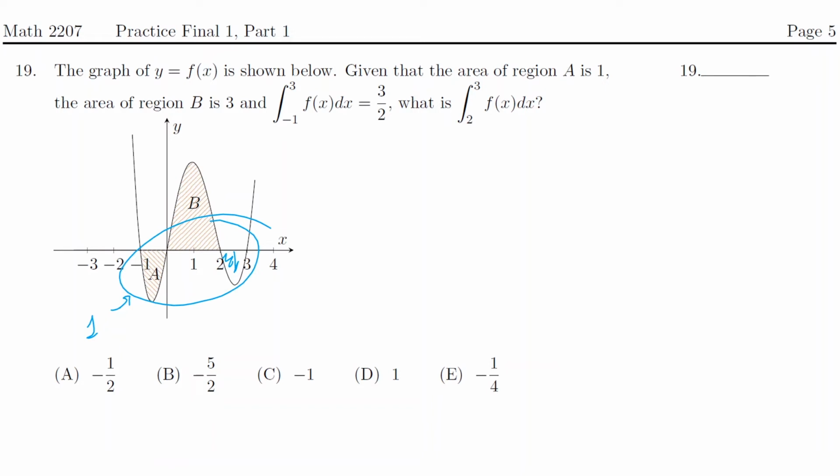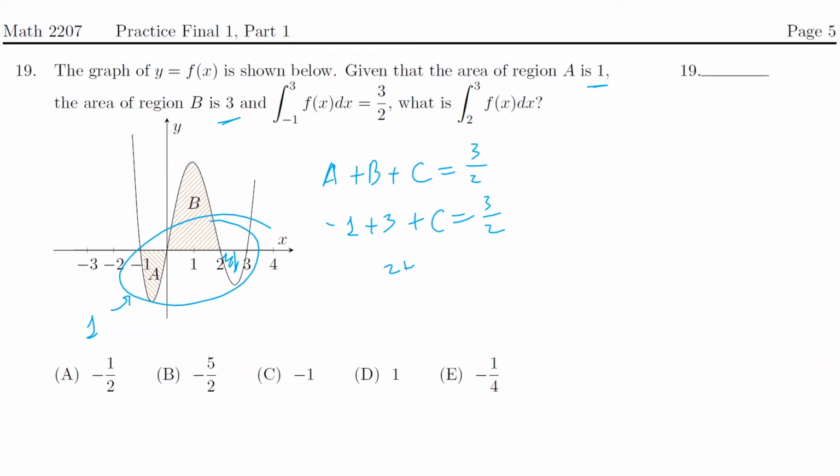So when we take the integral, everything that is positive is positive, everything that is negative is negative. So we pretty much have a plus b plus c equals 3/2. Now a is 1, but it's going to be counted as negative 1. B is 3 right here. And then c is what we have to find, and the total is equal to 3/2.